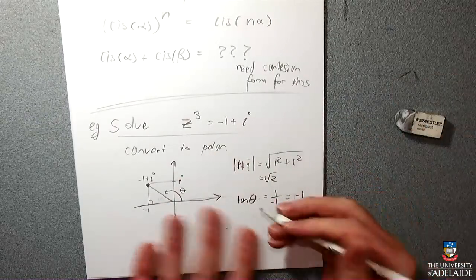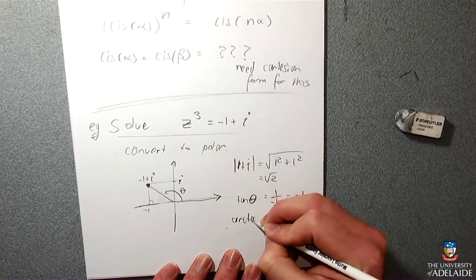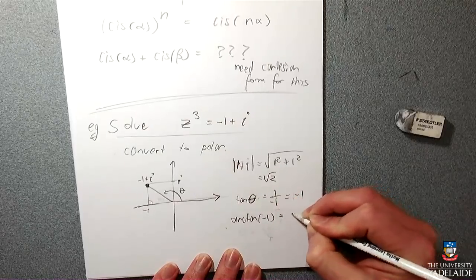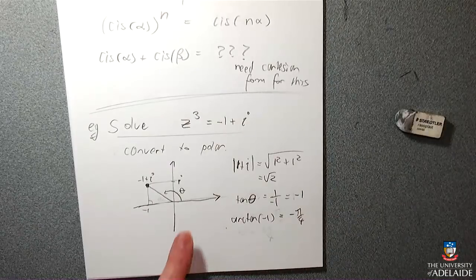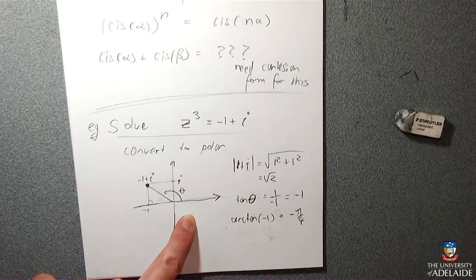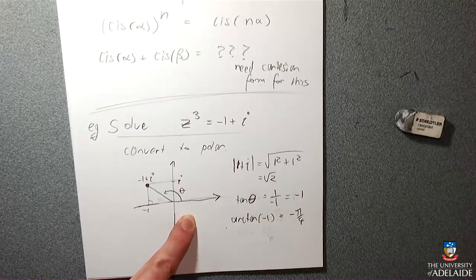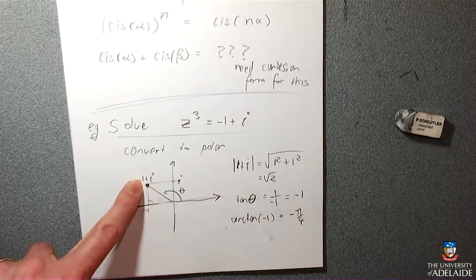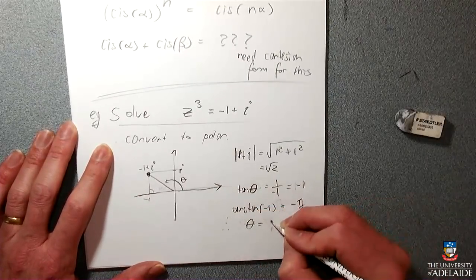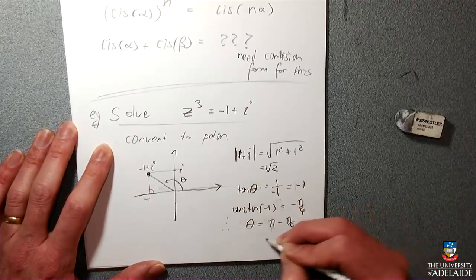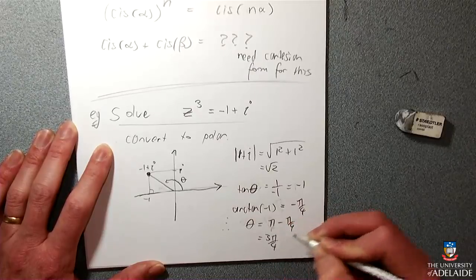Cool. And then you could go like, arctan of the -1 would be minus pi on 4. But that's not the right angle, because minus pi on 4 is down here. So I would have to look at my diagram and adjust that to give me the angle in the correct zone. And so therefore theta is in fact pi minus pi on 4, which is 3 pi on 4.